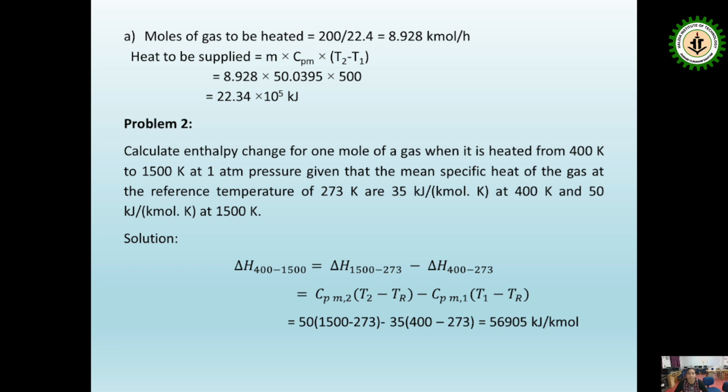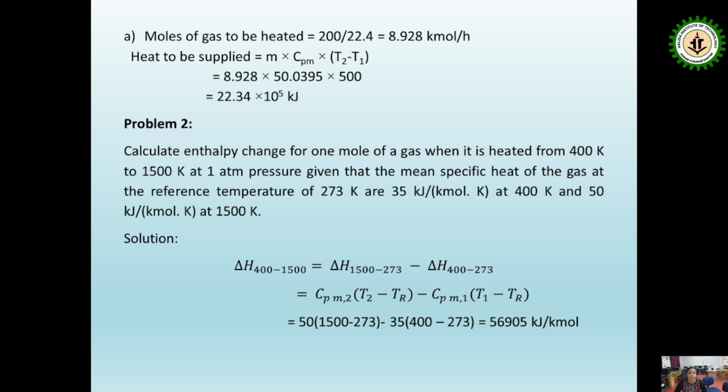8.928 kilomole per hour. Now we can find out the amount of heat to be supplied to raise the temperature from 500 to 1000 Kelvin. So Q will be m Cp dT. M into CPM, the mean heat capacity, and temperature difference.